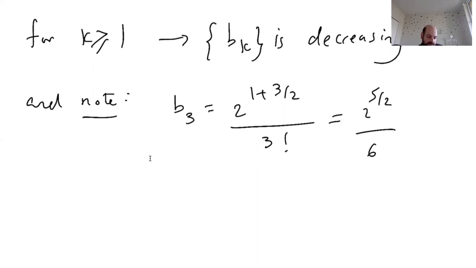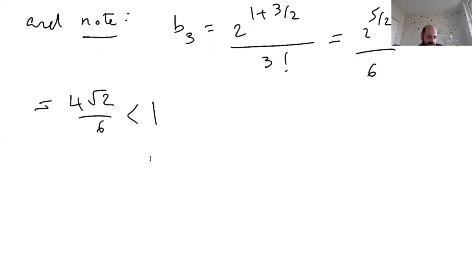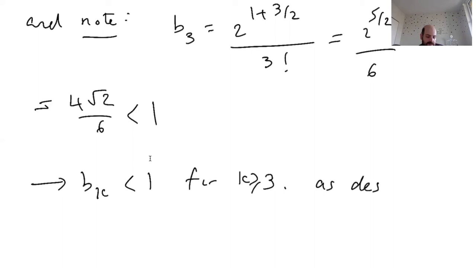So this is equal to 4 root 2 divided by 6, which is less than 1. You can easily check that this is less than 1, and therefore bk is less than 1 for k bigger than or equal to 3, as desired. Okay, so this is the proof of this part.